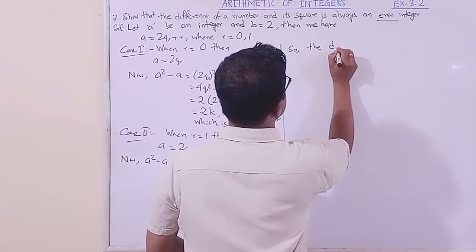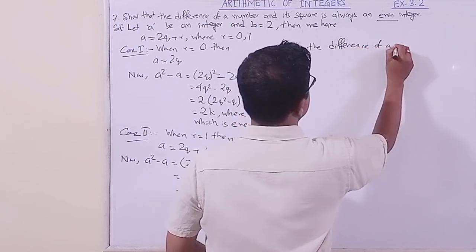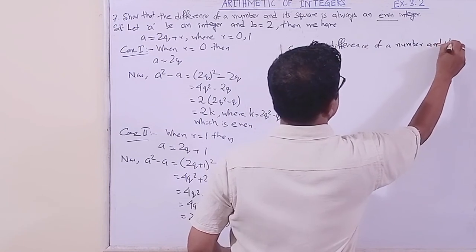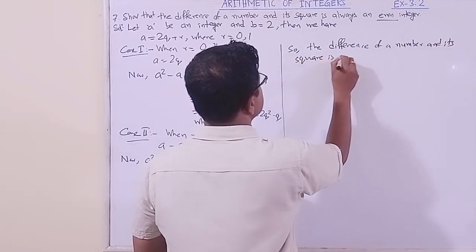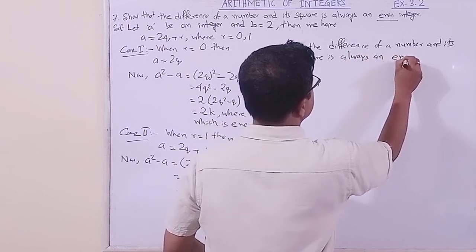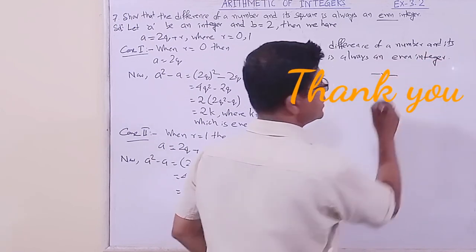The difference of a number and its square is always an even integer. Is it okay?